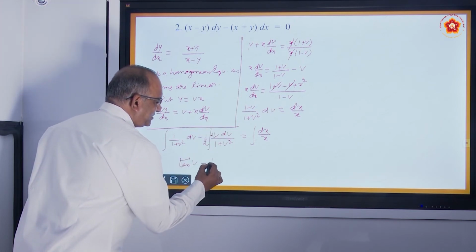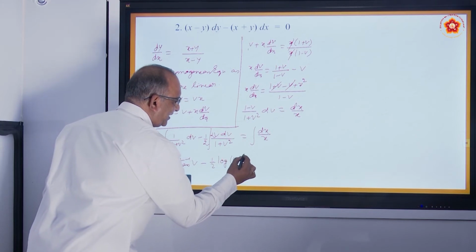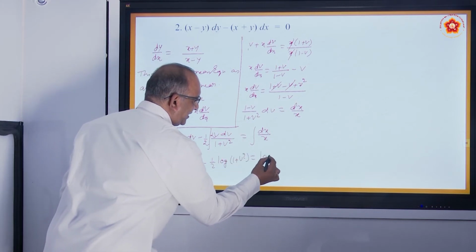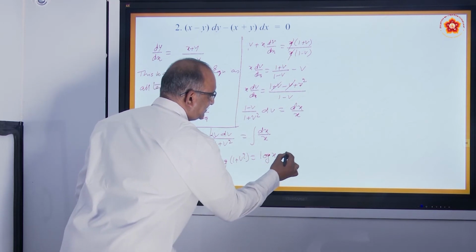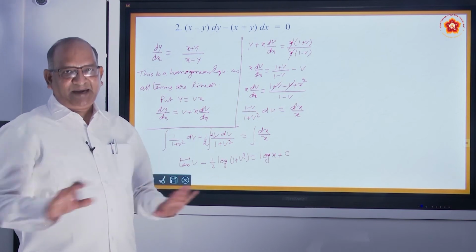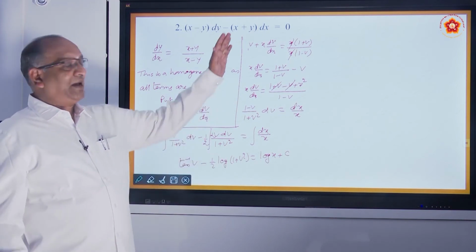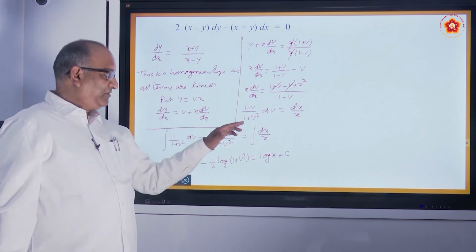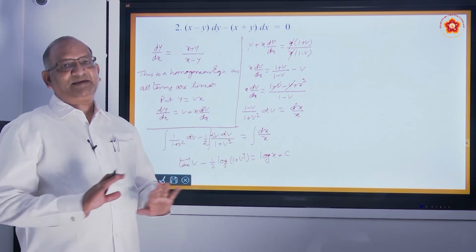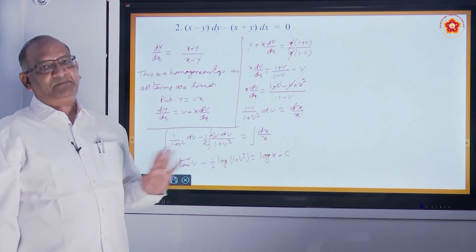So, it will be minus 1 by 2 log of 1 plus v square equal to log x plus c. You can write it as c, you can write it as log c, it does not matter at all. It is after all a constant. So, you do not worry about it. Why we wrote log c there and why we are not writing log c here, there is nothing like that. There also you can write c, here also you can write log c, does not matter.